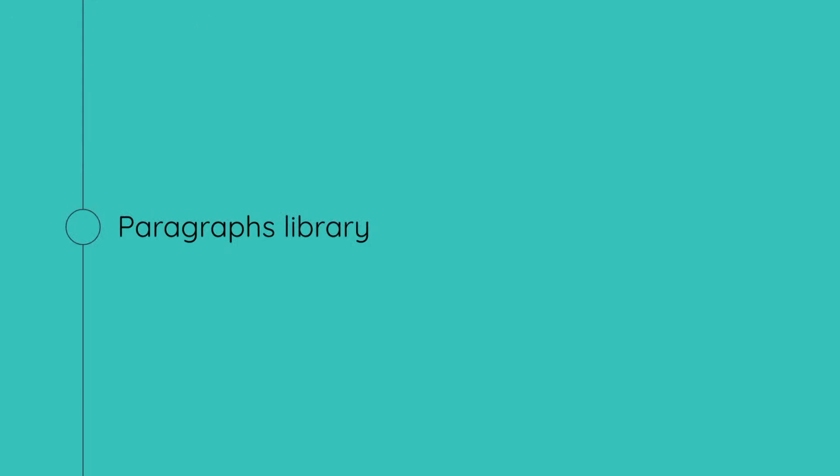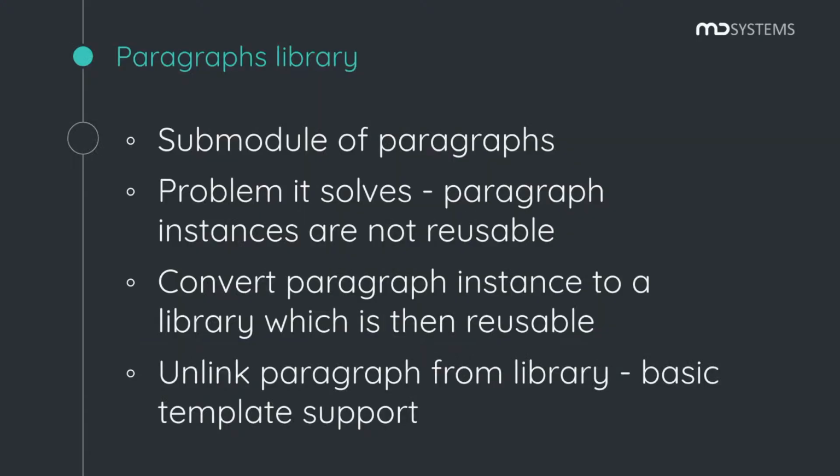Next improvement is paragraphs library. So why paragraphs library? First, this is a submodule in paragraphs. Why does it exist? The problem with paragraphs is when you add a paragraph to some node or page or whatever, it really stays only there. You cannot reuse it in some other place. For example, you can have some complex container with lots of stuff inside, and you say, oh, that's great, but I need it on another page.